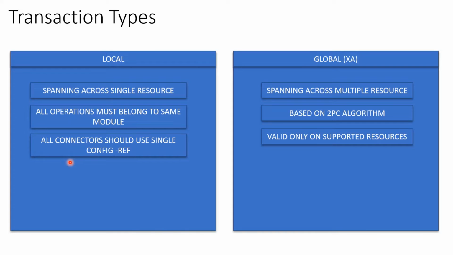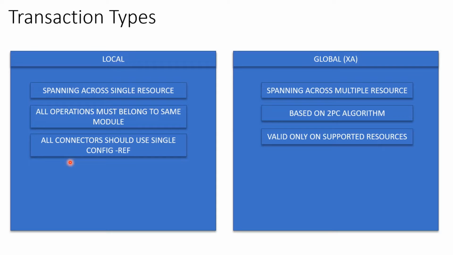So there are conditions for the local transaction. All operations must belong to the same module. For example, if you're using a JMS listener, the transaction should only have operations belonging to the JMS module and not other modules like the database module.